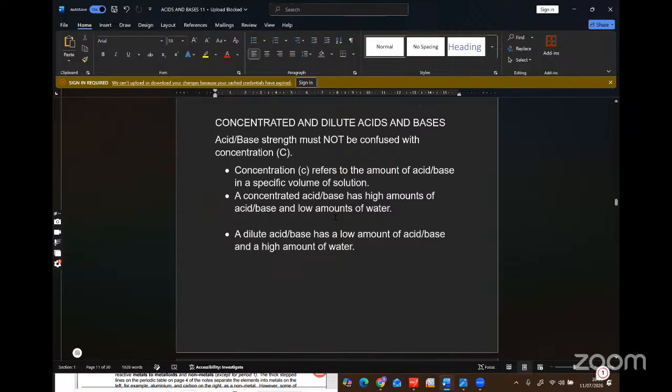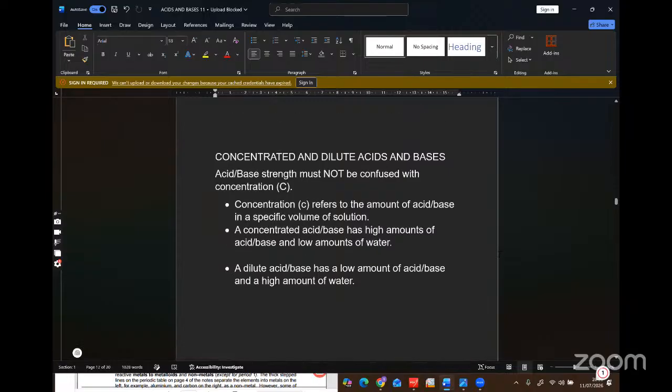So now we are going to end by looking at the difference between a concentrated acid, a dilute acid, a concentrated base, and a dilute base. When you say something is concentrated, it means that you have a lot of that thing in a small volume of water. Oh, by the way, we did concentration earlier on. Remember, we said concentration is number of moles over volume.